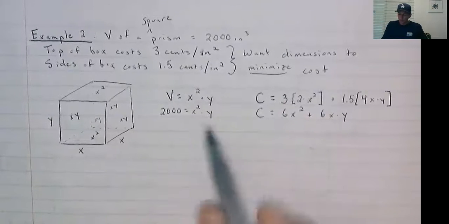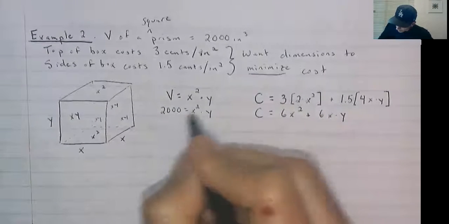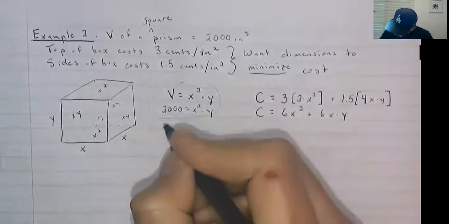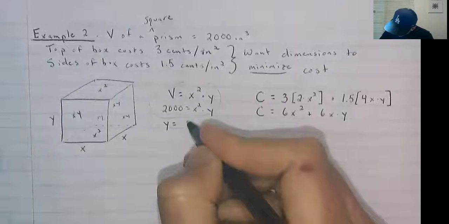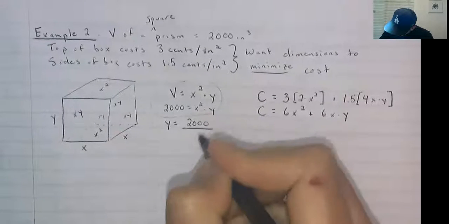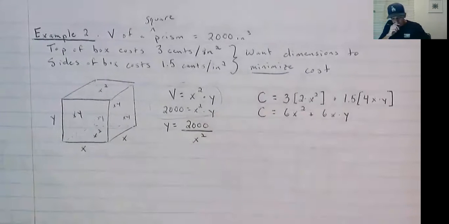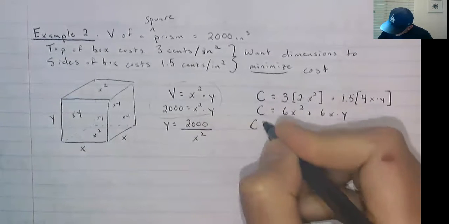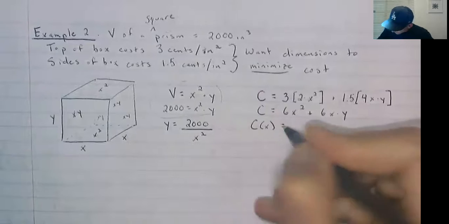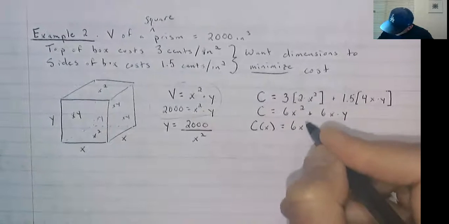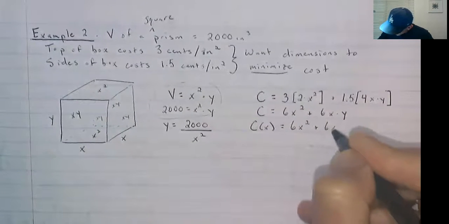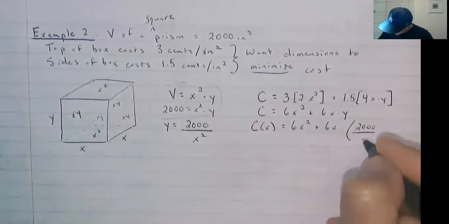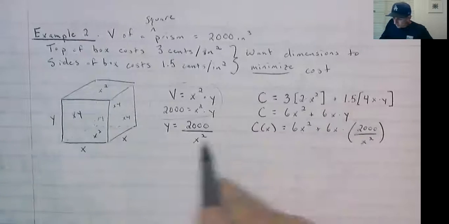So the y then that we're going to sub in for is going to be based on this volume equation. We can rearrange this to say that y in terms of x is 20,000 divided by x squared. And so now we can rewrite the cost as a function of x, specifically 6x squared plus 6x times 20,000 over x squared, subbing in this for y.